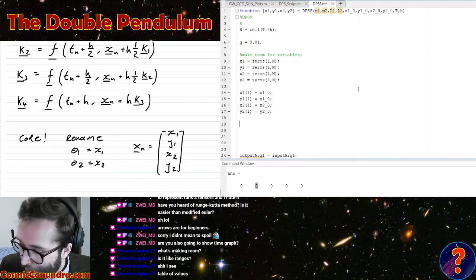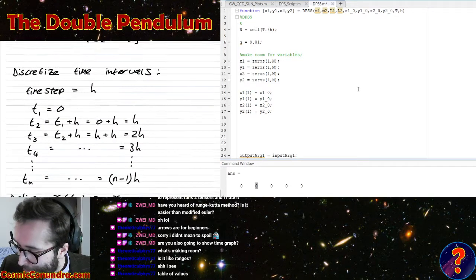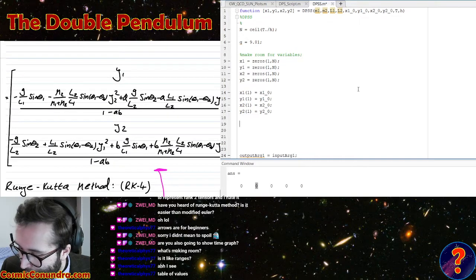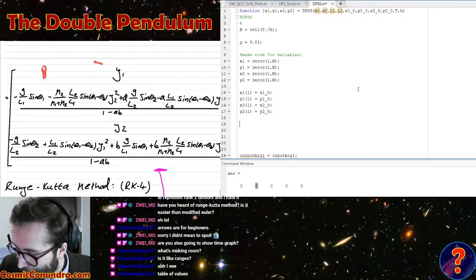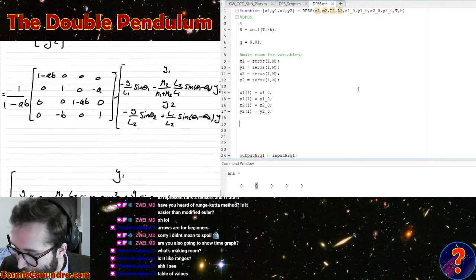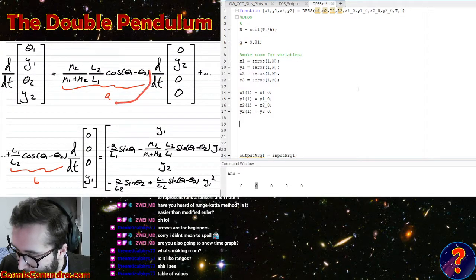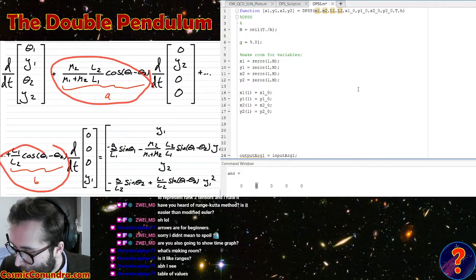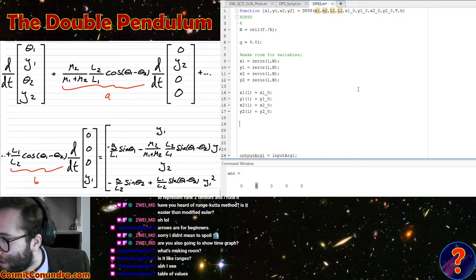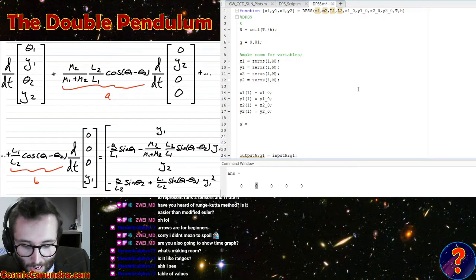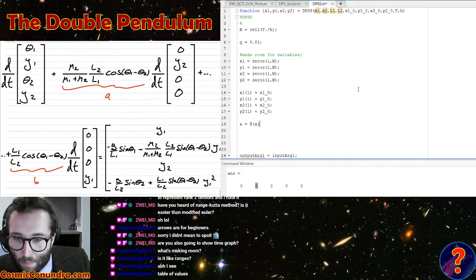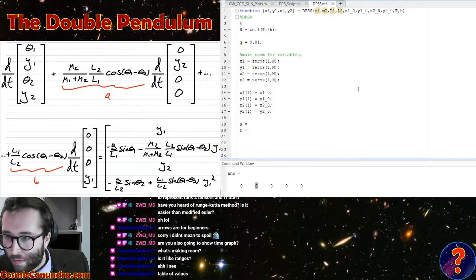Okay, now something else I will need. Remember, in defining this matrix that I called F, this rather long thing up here, I introduced these variables A and B up here. So now I want to program into the code an understanding of what I mean by A and B. Rather than having to write out explicitly what A and B are each time, I want to write down what A and B are as functions, defining them with a function handle.